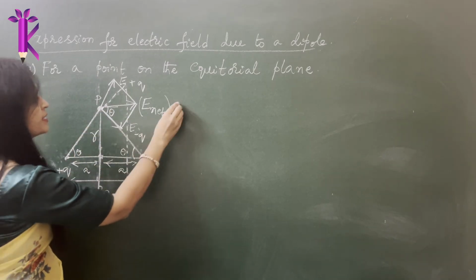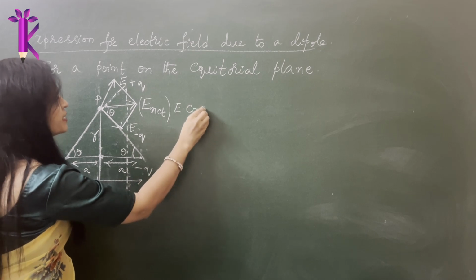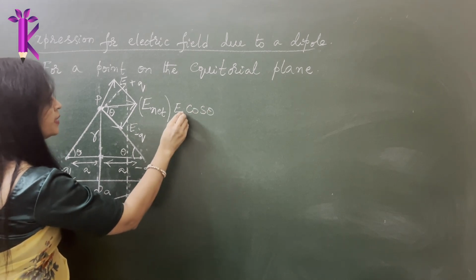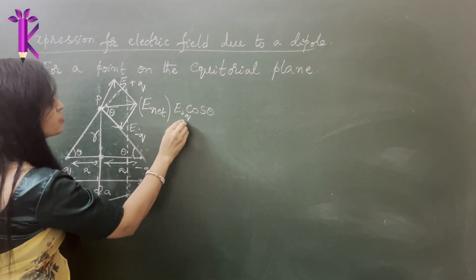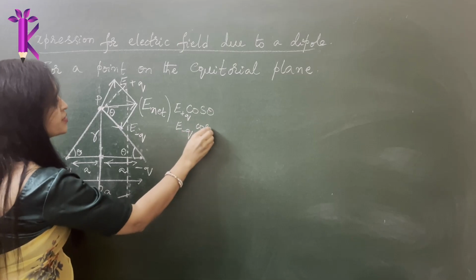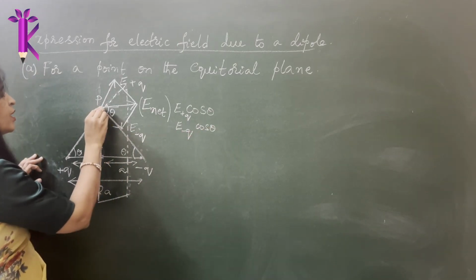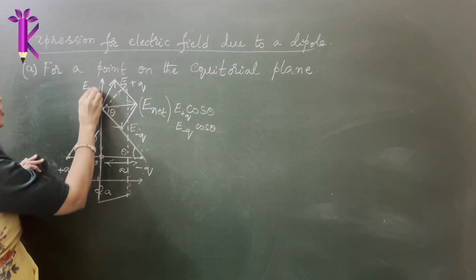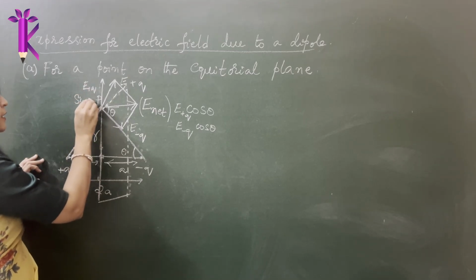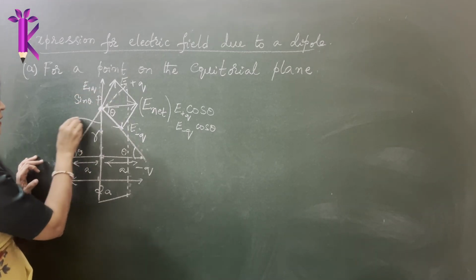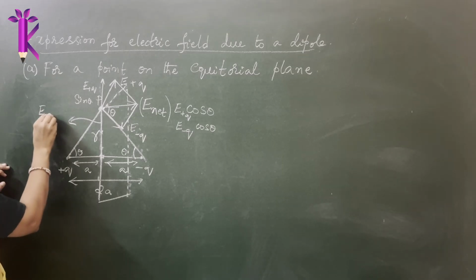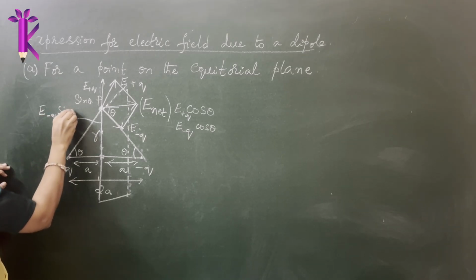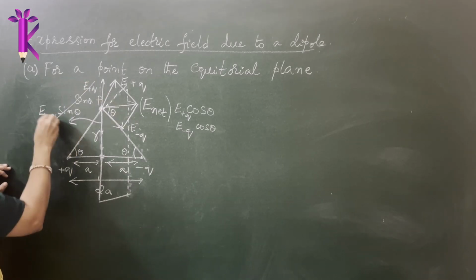So this component will be E cos theta. So it is E plus q cos theta, also E minus q cos theta. They both are in the same direction. What about the perpendicular direction? This will be E plus q sin theta, and this direction will be E minus q sin theta, and they are equal and opposite and they cancel each other.